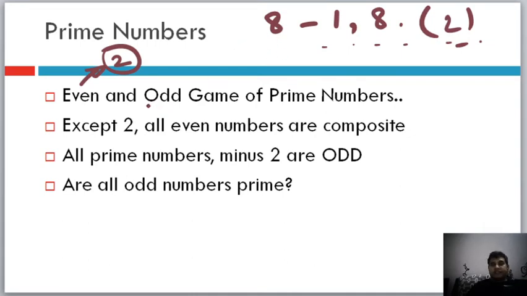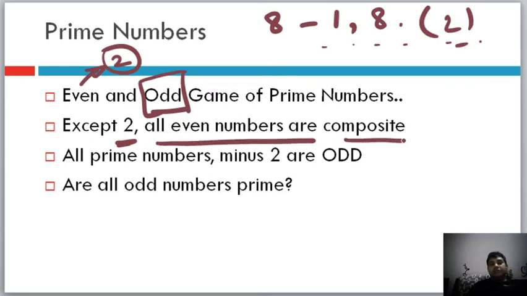Which means that except for 2, यानी कि 2 के अलावा, all the other prime numbers are basically odd numbers. Okay, and except 2, all even numbers are composite numbers, right? And for all prime numbers except 2, they are odd numbers. तो इसको थोड़ा सा 2 मिनट टाइम देके just rest with it and it will become clear.